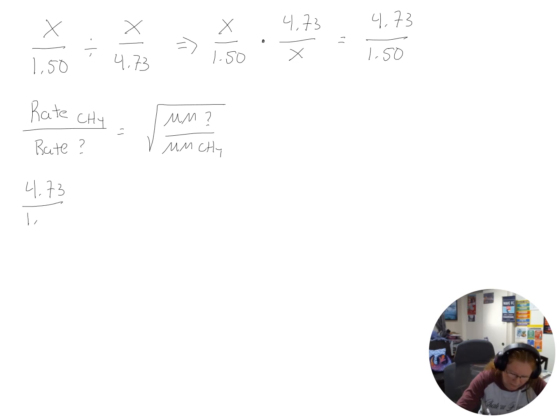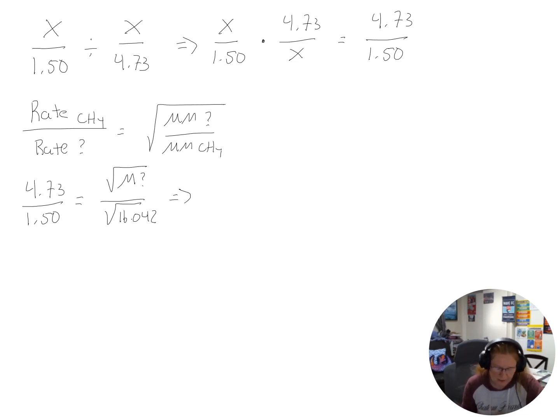4.73 over 1.50. Now, if I have the square root of something over something, I can split that up, and I can get the square root of one over the square root of the other. So I'm going to get the square root of the question mark over the square root of methane. We used methane in the previous slide. That's 16.042. Okay. By the division there, I'm going to get 3.153 is equal to the square root of my unknown over the square root of 16.